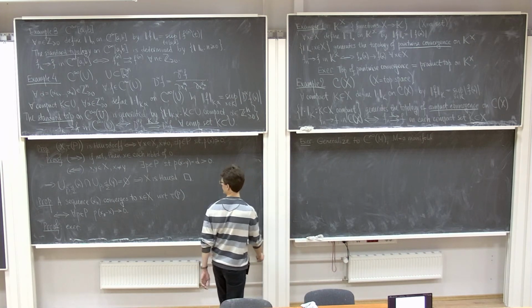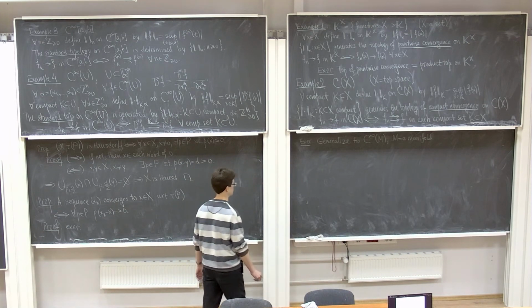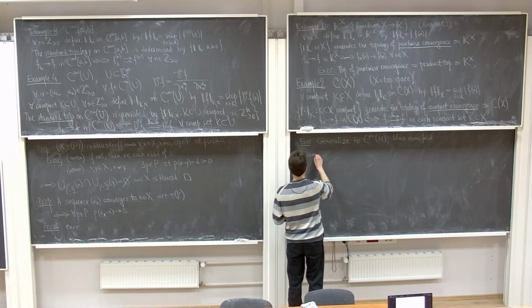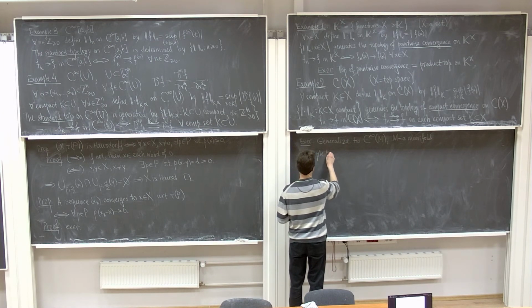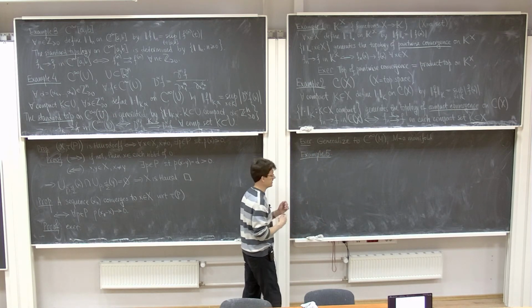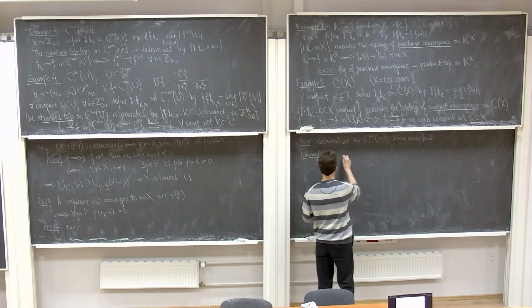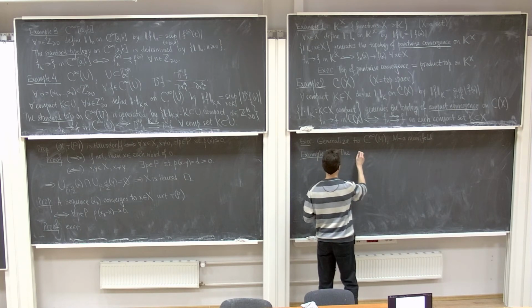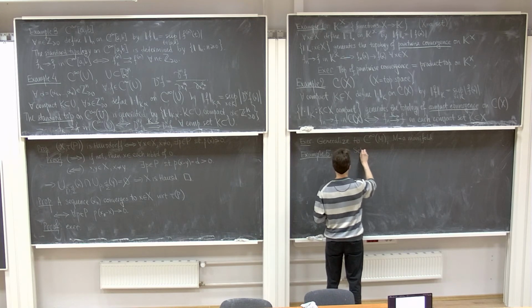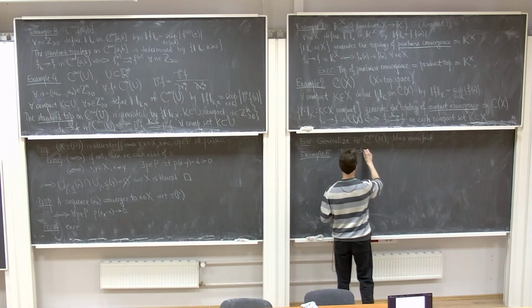Okay, example 5. Example 5 is the so-called Schwarz space, which plays an important role in mathematical physics in particular, but not only, of course, in the representation theory also, and in many other areas.